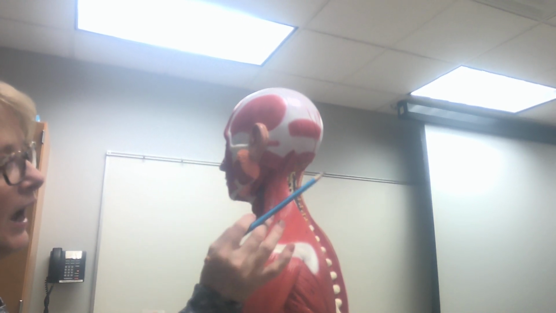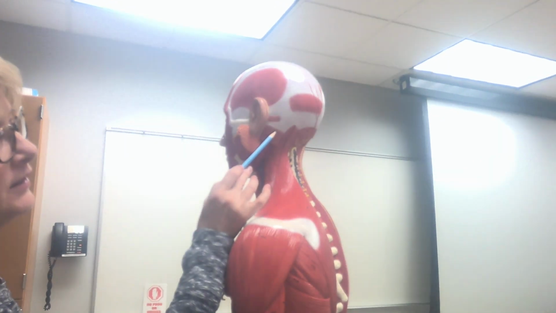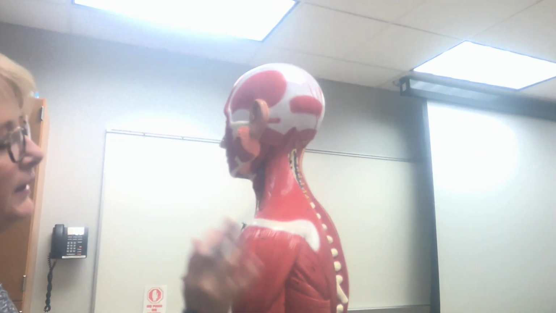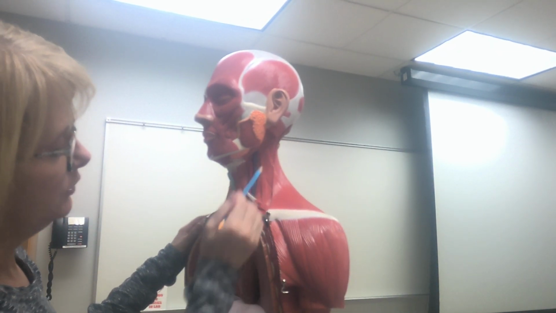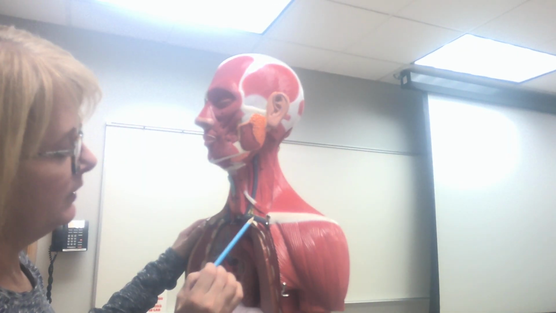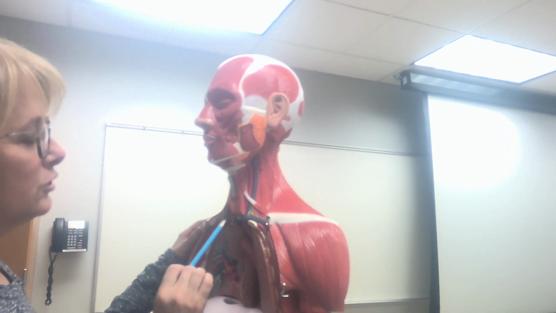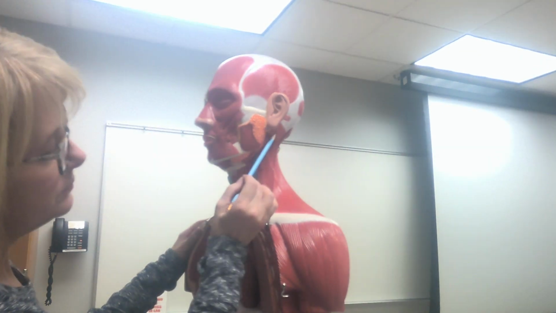So, sternocleidomastoid. It's attached here to the mastoid process of the temporal bone, and then it will come down, and in reality, you're not seeing it, but it would branch into two branches, where one would connect to the sternum and the other branch would connect to the clavicle. Hence, sternocleidomastoid, for sternum, clavicle, mastoid muscle.